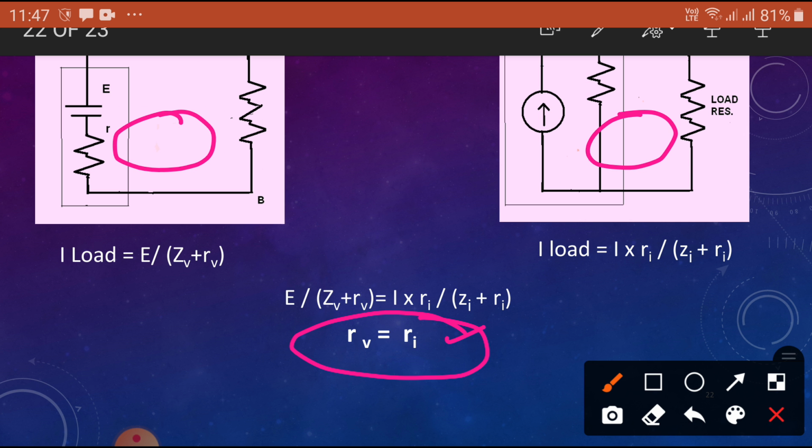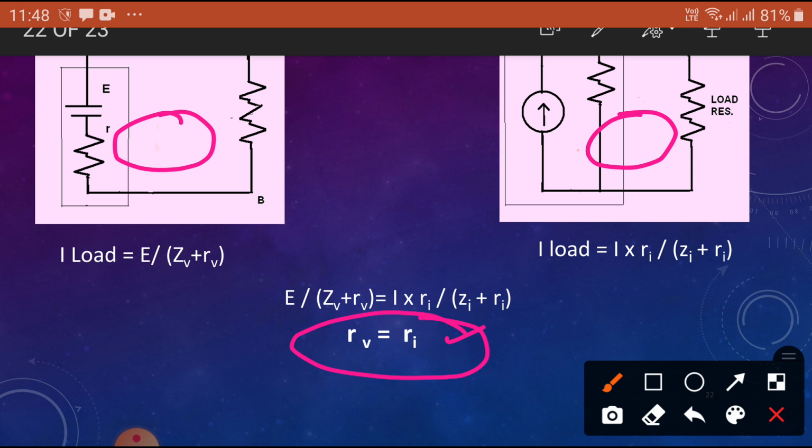If the same resistance is connected in a current source, it should be connected in parallel, so its value should be very high. The value changes: for the voltage source it is less, connected in series, and for the current source it is connected in parallel with a very high value.